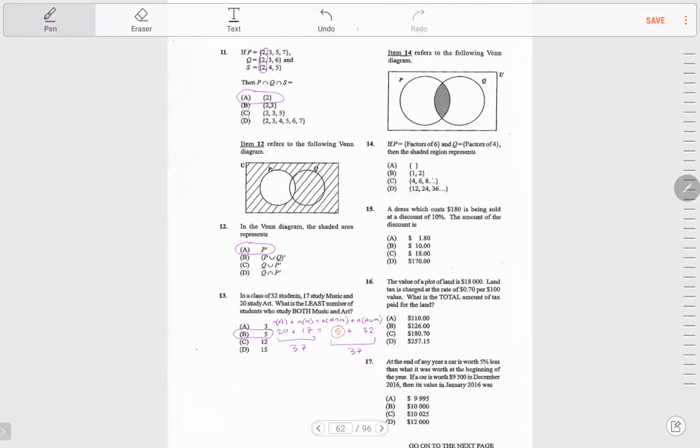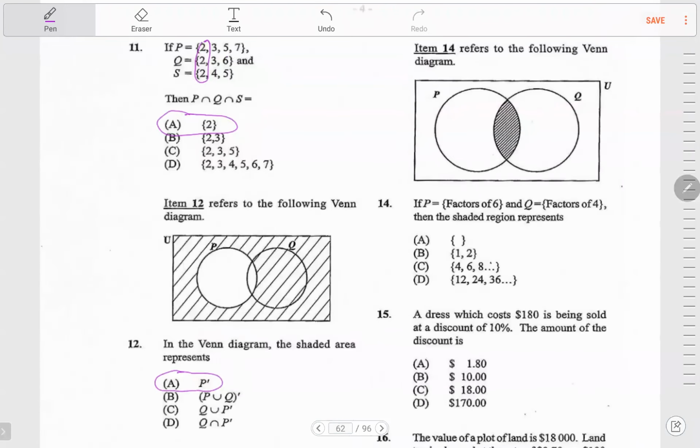Next question. All right. So P are factors of 6 and factors of 4. The factors of 6 are 1, 2, 3, and 6. And the factors of 4 are 1, 2, and 4.